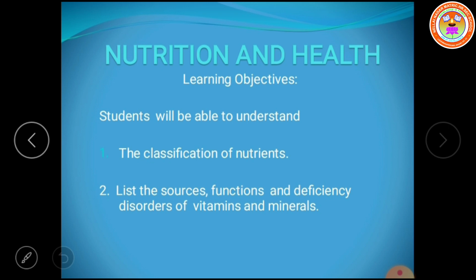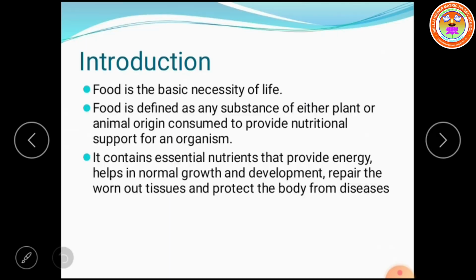Let us enter into the chapter nutrition and health. Food is a basic necessity of life. It may be defined as any substance of either plant or animal origin consumed to provide nutritional support for an organism.